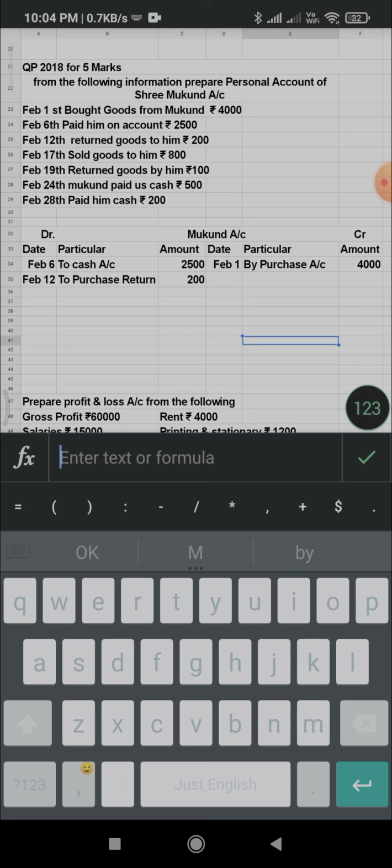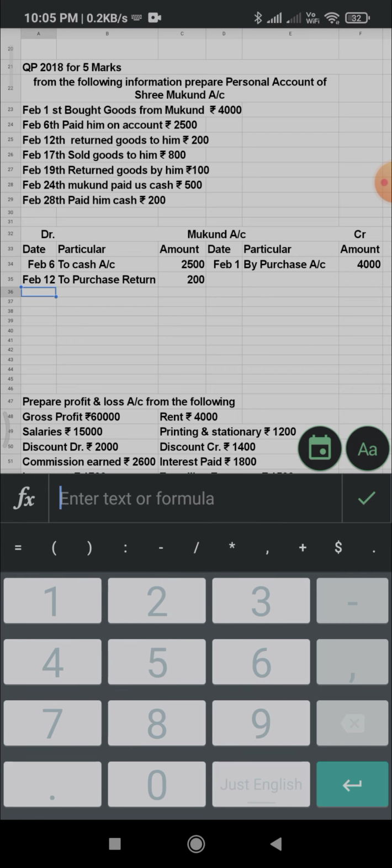Next, February 17th, sold goods to him. To whom did we sell the goods? To Mukund. Is Mukund the receiver or the giver? Mukund is the receiver. Whenever the word sold comes, we should take it as sales, and sales is an income.